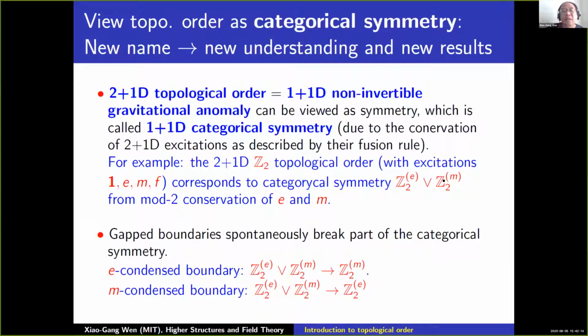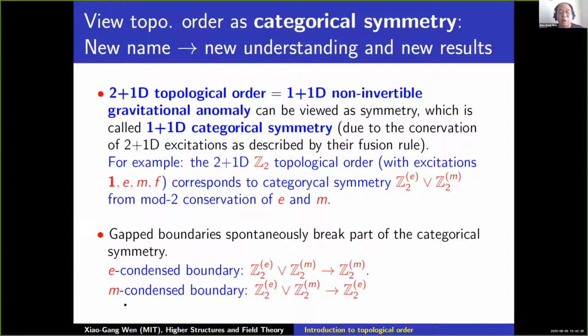Okay. However, on the boundary, because the boundary comes from this E condensation, that's why we have a spontaneous symmetry breaking. The condensation means a spontaneous symmetry breaking in physics. So it's like the bulk Z2 symmetry is spontaneously broken to the single Z2 symmetry of M conservation.